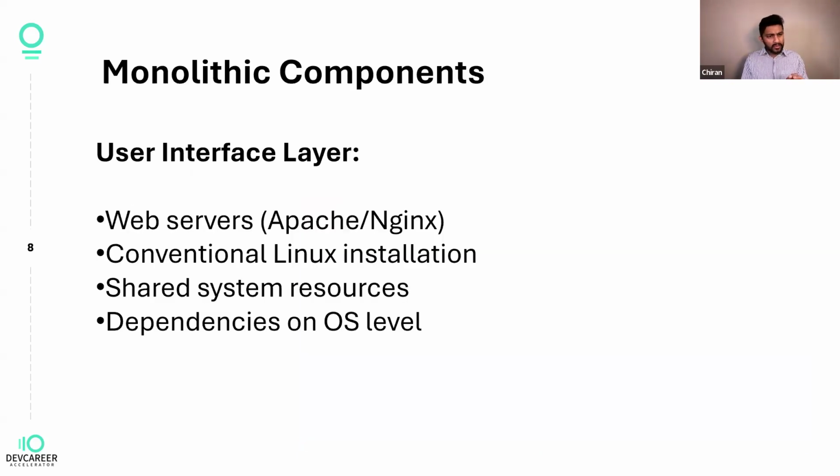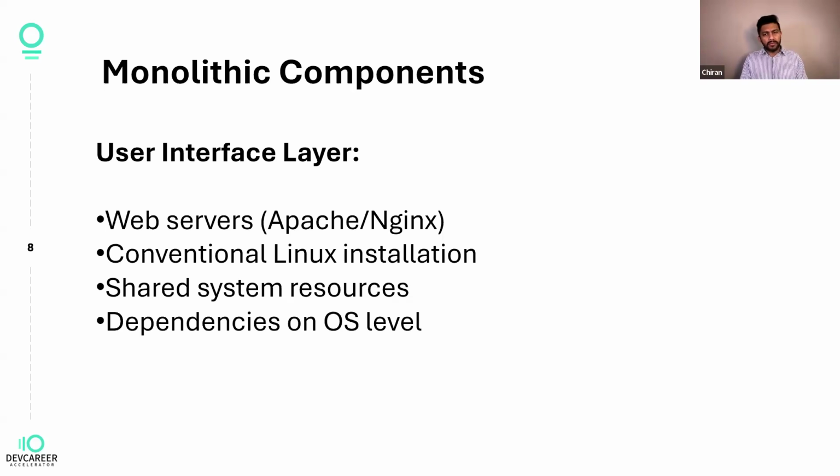So let's take an example of monolithic architecture. You have a user interface, most likely running Apache or Nginx, where you put your HTML or CSS code, deployed on a Linux machine. So you build a Linux machine just for your UI code, and you have to have your dependencies, opening ports, and sometimes different libraries just for your UI code.